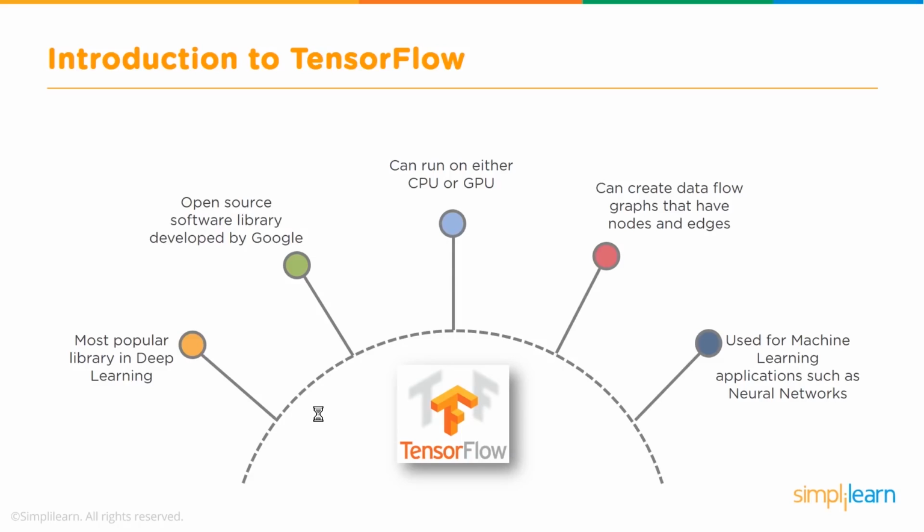So they are really good for computational activities, and in deep learning there is a lot of iterative computation that happens, in the form of matrix multiplication and so on. So GPUs are very well suited for this kind of computation, and TensorFlow supports both GPU as well as CPU. And there's a certain way of writing code in TensorFlow. We will see as we go into the code.